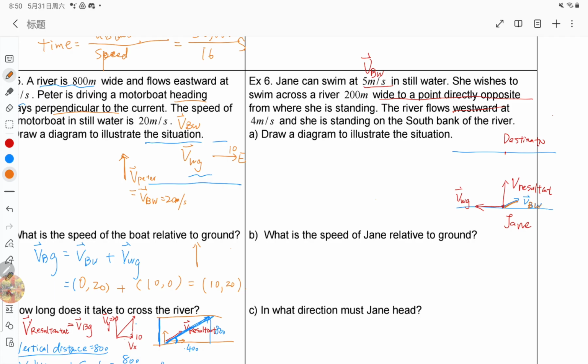So V Jen should be this orange direction, V boat relative to the water, heading toward the east a little bit, such that our resultant is going upward. So what is the speed of Jen relative to the ground?